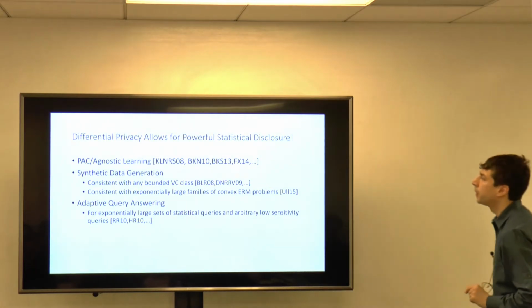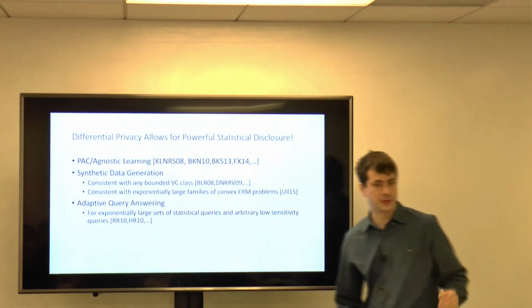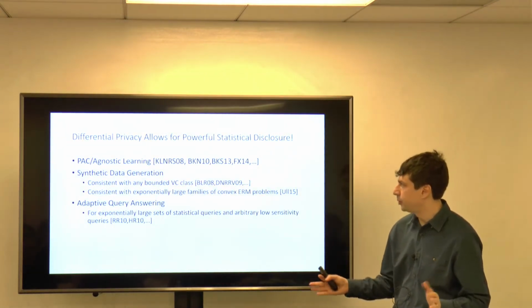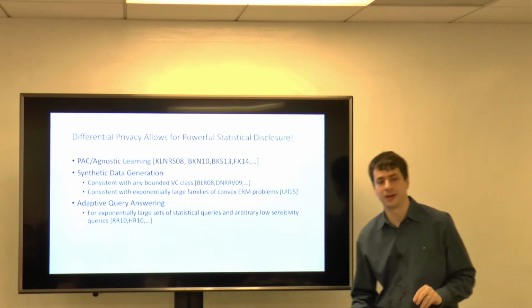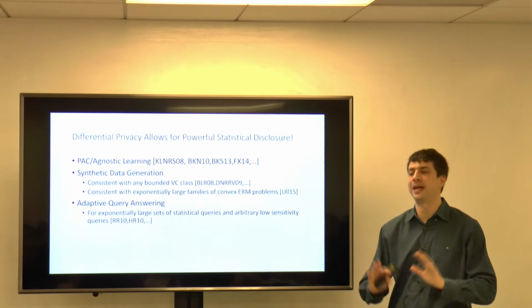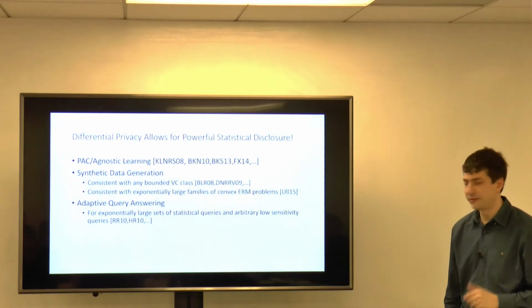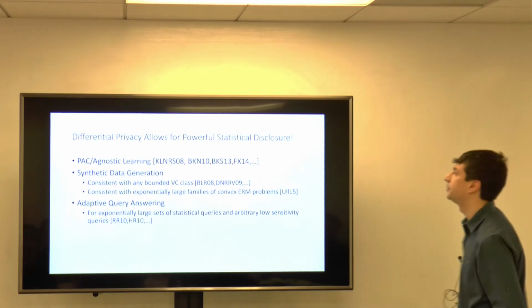And so you can solve machine learning problems, all of PAC learning, for example, with some caveats. Anything that's PAC learnable over a finite data universe is privately PAC learnable as well. There are some differences when you move to infinite data universes.